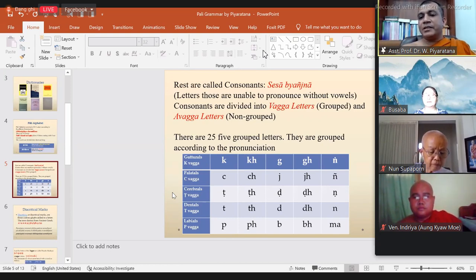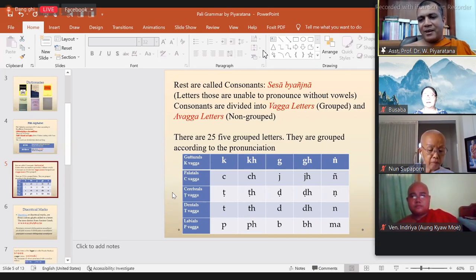The first one I pronounce as ka, with no hesitation or extra energy. But the second letter, I have to pronounce as kha, right? Ka, kha, ga, gha, nga.